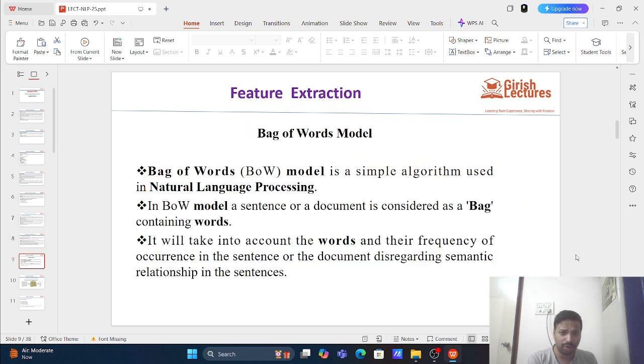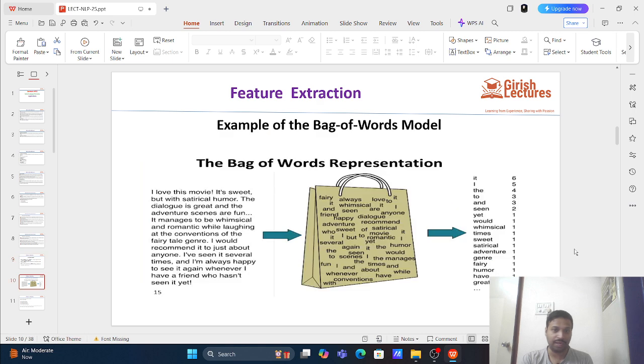The bag of words model is a very simple algorithm in NLP. It takes a bag containing words, and all the words we identify in your entire document will be vectorized in Boolean format. We will see that with an example as well.